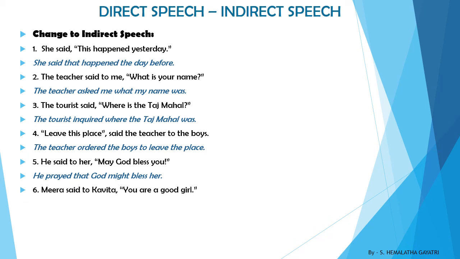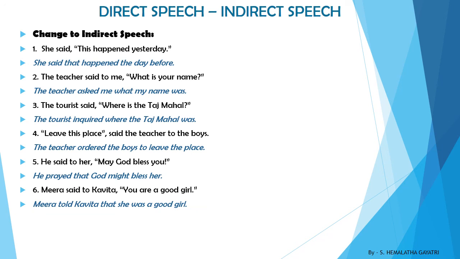Next question. Meera said to Kavita, you're a good girl. Okay, so here we have to remember the rule, whenever we see said to, how we can change that, as well as the pronoun changes we are going to make in this particular question. Meera told Kavita, so said to is becoming told here.